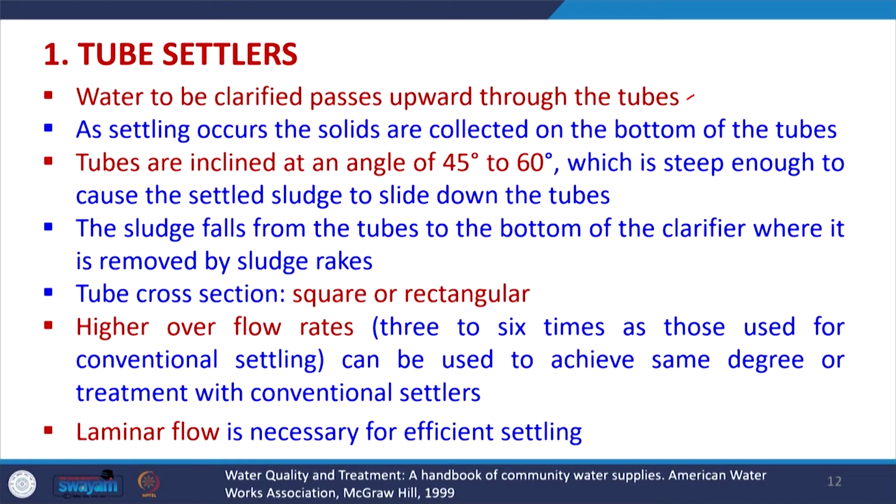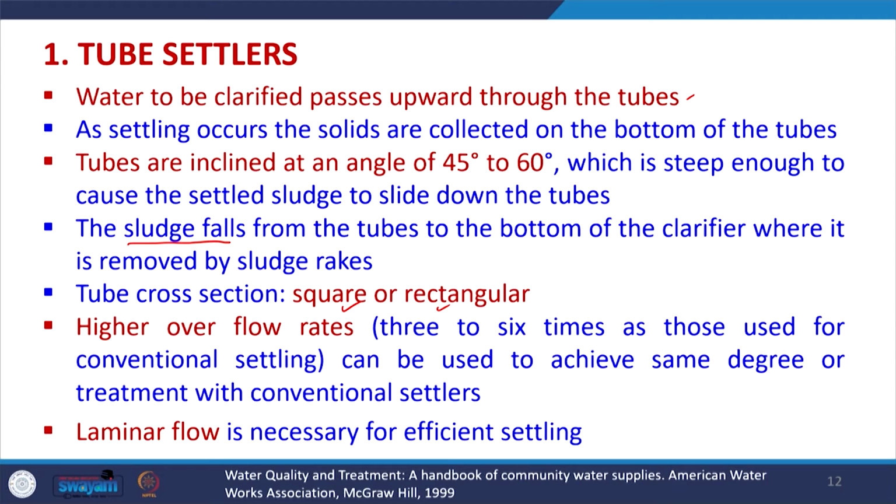Because of this steepness they are able to settle and slide down also. The sludge falls from the tube to the bottom of the clarifier, where it is removed by the sludge rakes. The tube cross sections may be square, rectangular, or other shapes are also possible.